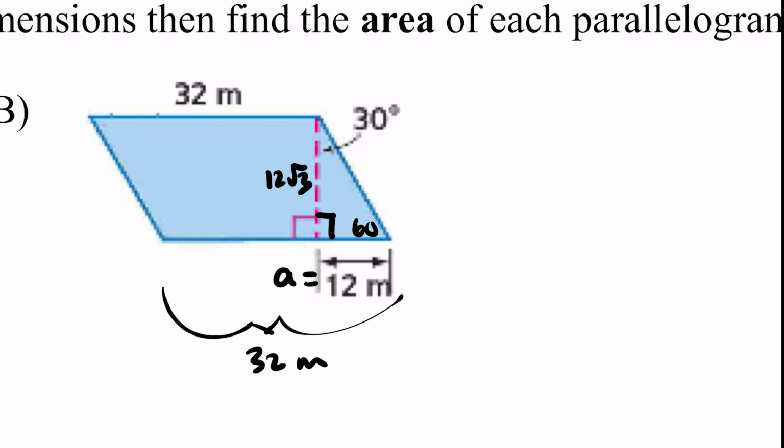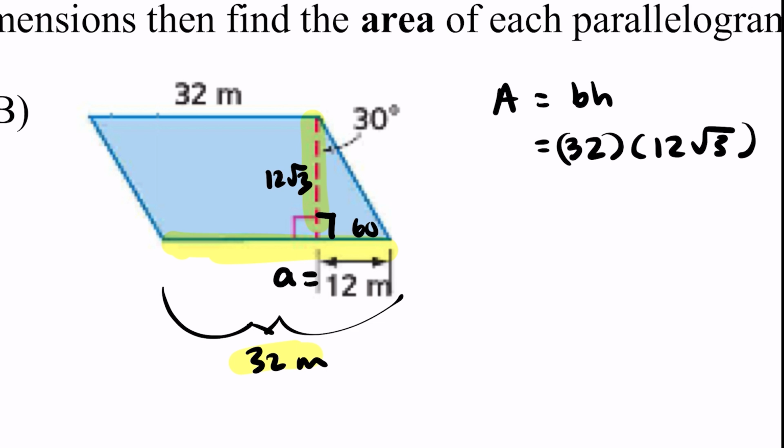So I have my base, which is 32, and the height. So A equals base times height. The base is 32, and the height is 12 root 3. Remember, when we're multiplying these two things, it's always the coefficient to the coefficient, and then the radicand to the radicand. So I'm multiplying this 32 with the 12, but you do not distribute the 32 to the root 3, or multiply the 32 and the root 3 together.